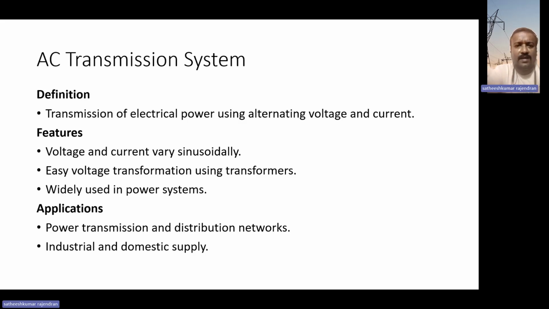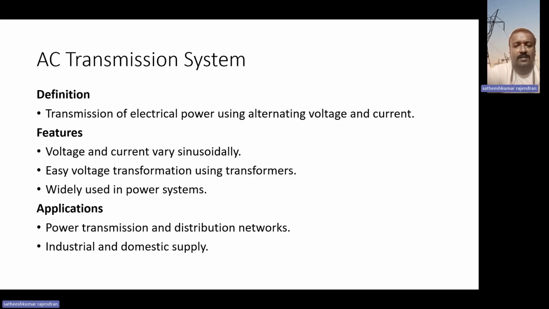That is the basic thing about AC voltage and current. So we can easily transmit the voltage by using AC transmission with the help of transformers. And it is the main system used in the power sector for transmission as well as distribution networks and industrial and domestic supply. We know that we are all using AC transmission and distribution, so it is the major one.